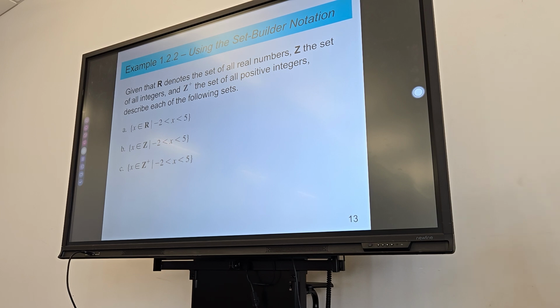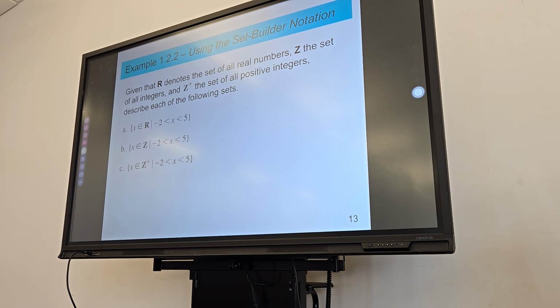So it has to be an integer, so -1, 0, 1, 2, 3, and 4. Not all real numbers between them.